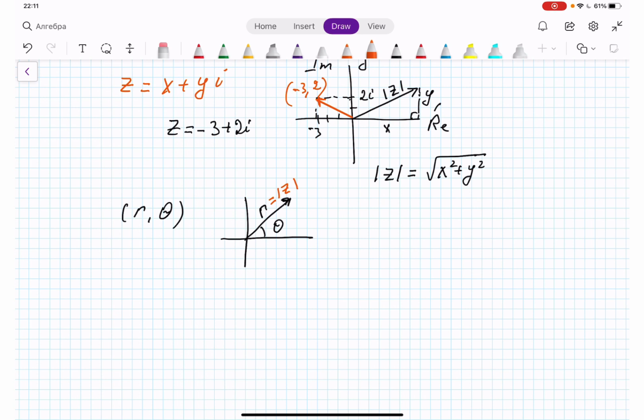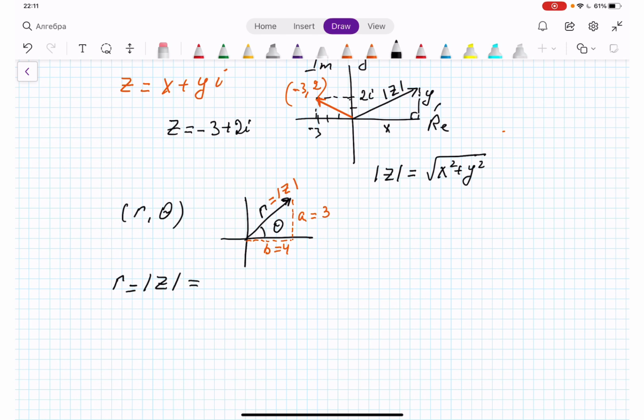So from here, what do we have? If I bring it down here and make a triangle, this is A, let's say A is 3, and this is B, which is equal to 4. So my radius vector is going to be equal to the absolute value of complex number z.